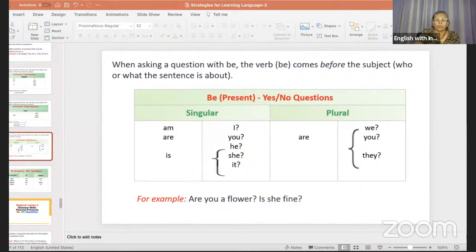Okay. Now, anyone has any question about the activities we did so far about sequential order? So now, what do you think is your homework?